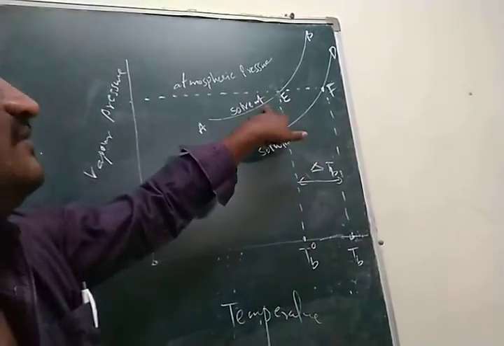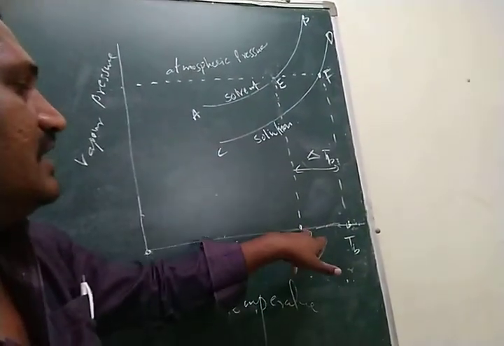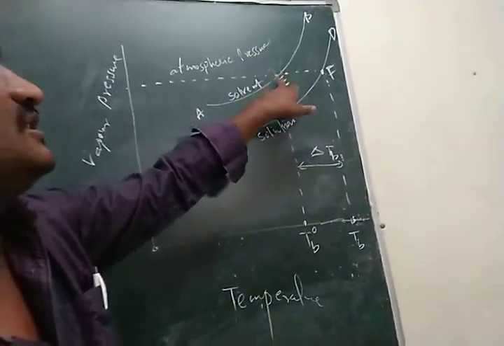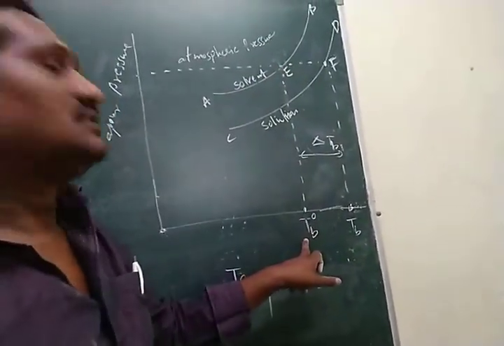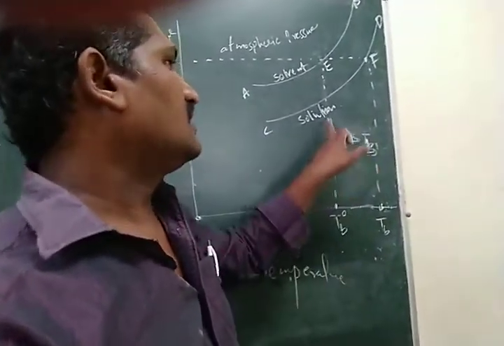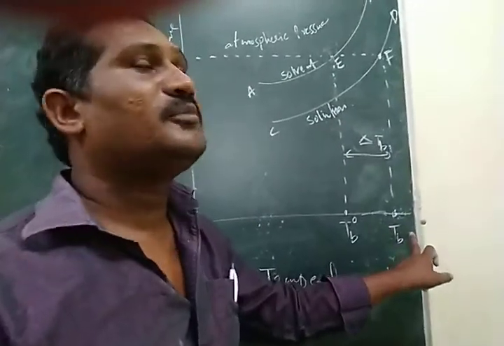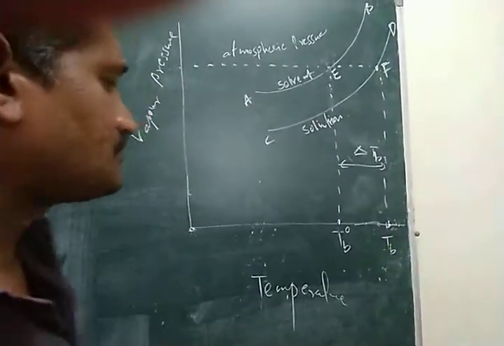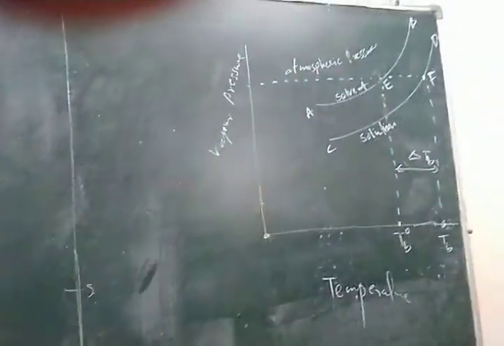For the pure solvent, TB naught is the temperature at which the solvent pressure is equal to atmospheric pressure. So this is the pure solvent boiling point. For the solution, its boiling point increases. So this is the graph of elevation of boiling point.